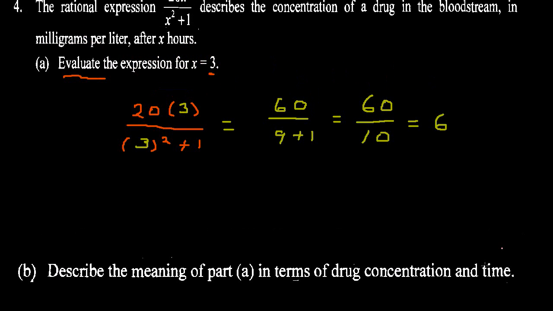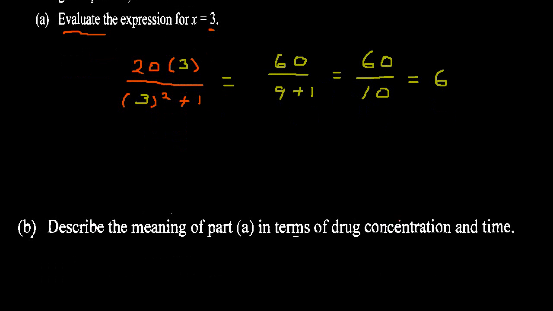What is mentioned about time? Okay, up here it says after x hours. So I'm going to start my description here by saying after, and I'm not going to say after x hours, because in the problem it says evaluate for x equals 3, so after 3 hours.